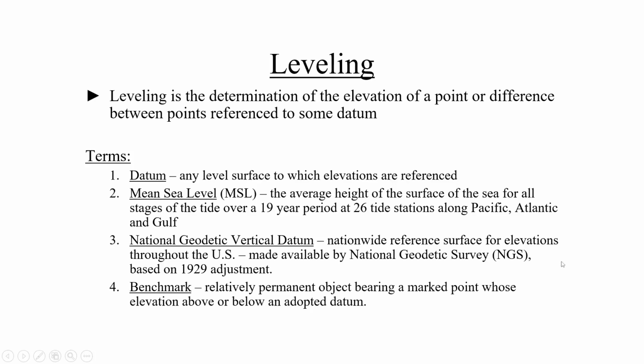It's a nationwide reference surface for elevations throughout the United States, made available by the National Geodetic Survey, based on the 1929 adjustment. Benchmark: a relatively permanent object bearing a marked point whose elevation is known above or below an adopted datum.